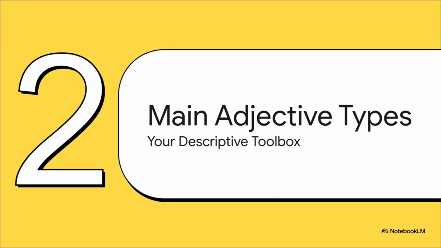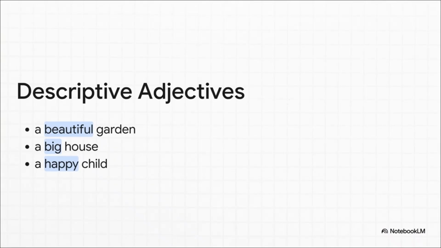Okay, now that we know where they go, let's look at the different kinds of adjectives. And hey, don't think of these as some boring grammar lesson. Think of them as different tools in your descriptive toolbox. Each one has a very specific job to do. First up, we've got descriptive adjectives.